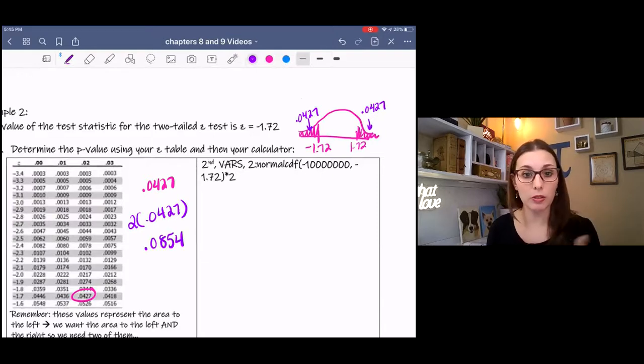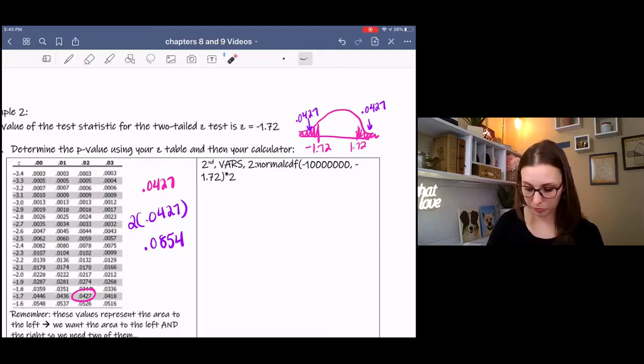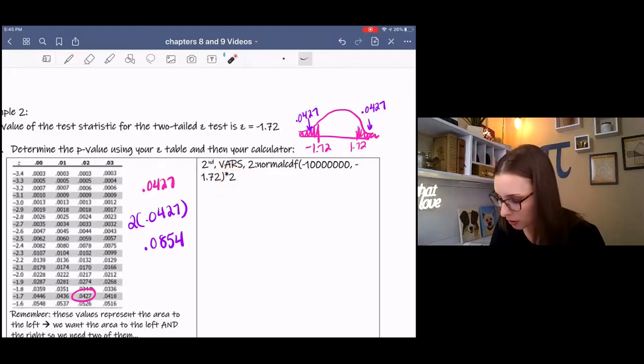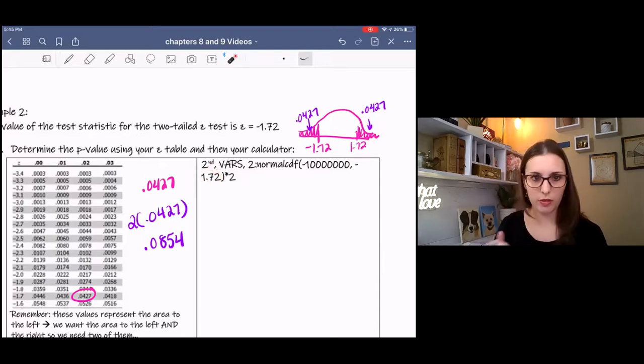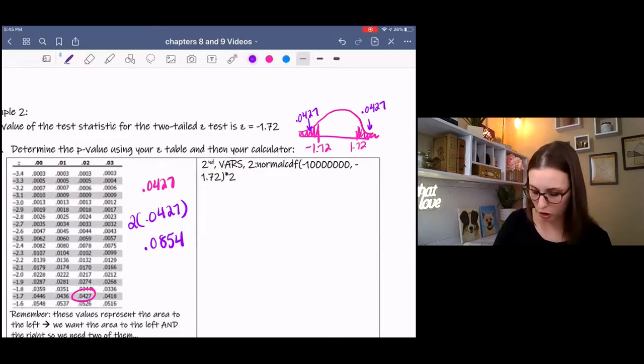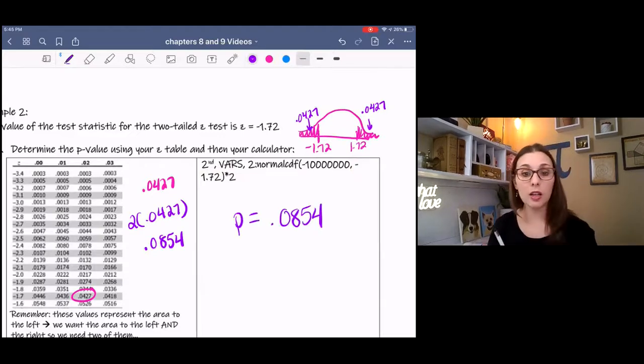If you type in your calculator only one side, then you have to remember that it's two-tailed and there's two of those. So in this one, we do times 2 at the end. If you type that in, you should get a p-value of 0.0854.